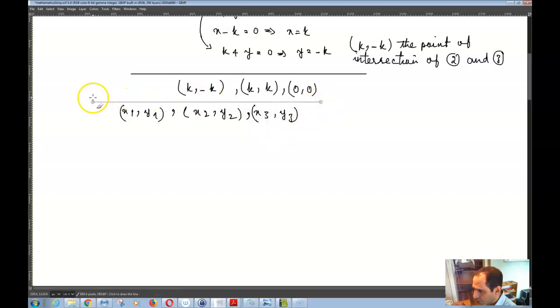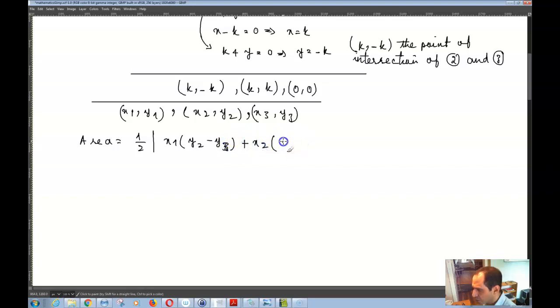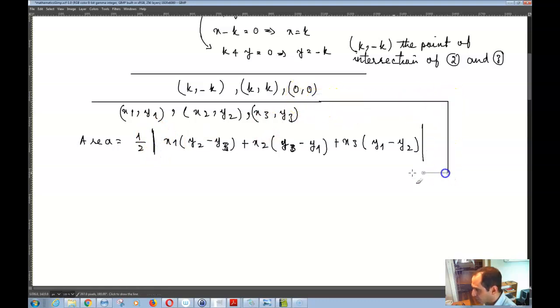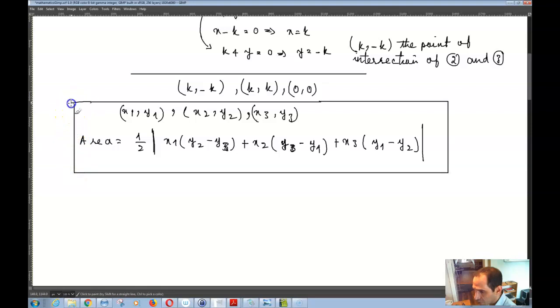If you have a triangle that has these 3 vertices, the area is going to be equal to 1/2 the absolute value of x1 times y2 minus y3 plus x2 times y3 minus y1 plus x3 times y1 minus y2. So this is the area of any triangle having these vertices in general.